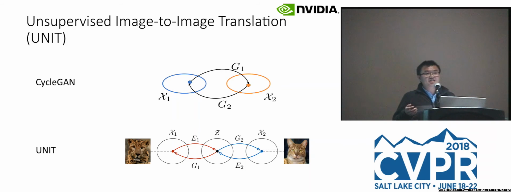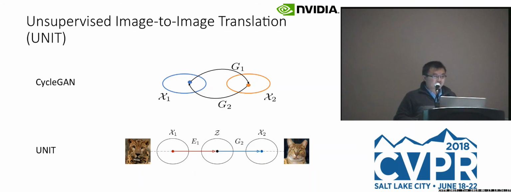The idea is actually motivated by a classical idea from machine learning. Data live in a manifold, and we assume that domain A images have one manifold, and domain B images also have one manifold. Through this shared latent space, we want to align them together. So it's an additional constraint to the cycle consistency constraint.